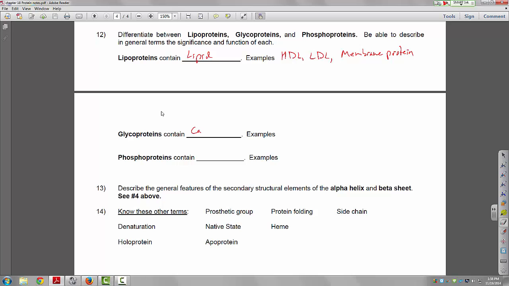Glycoproteins contain carbohydrates or sugars. And again, a lot of membrane proteins are glycosylated or contain carbohydrates. I refer to these as cell surface receptors. We talked about this in the chapter on carbohydrates, the blood groups, for example.